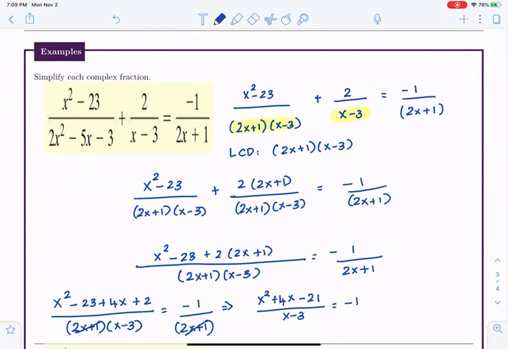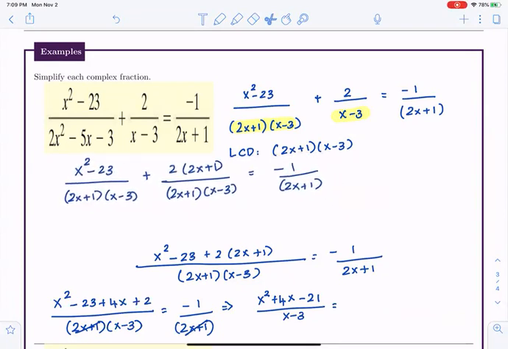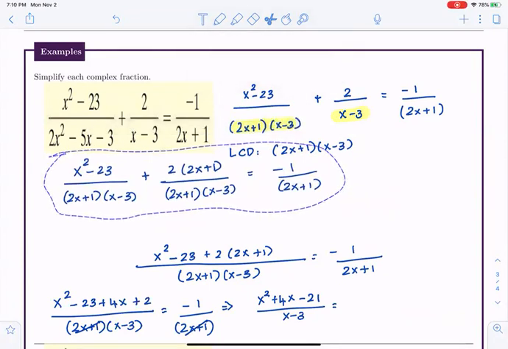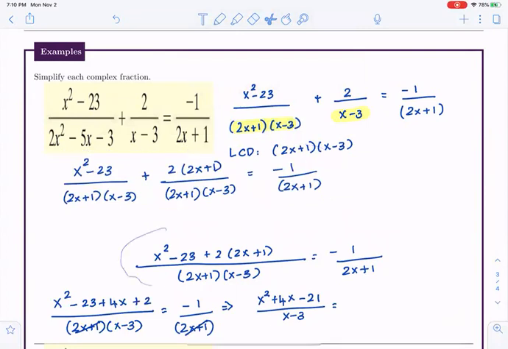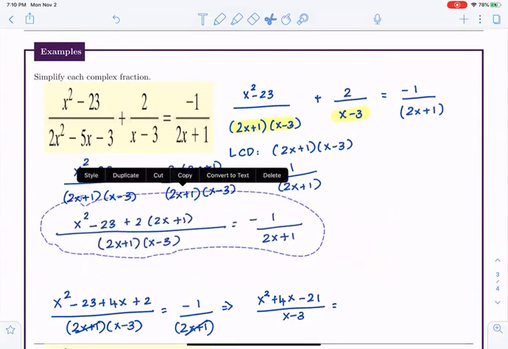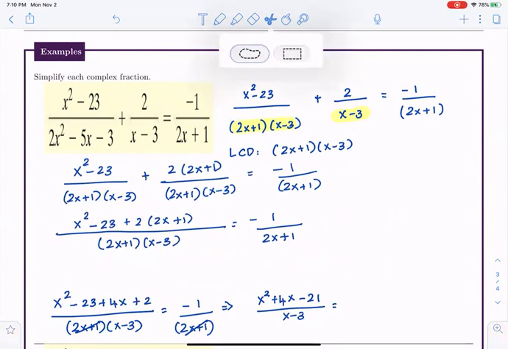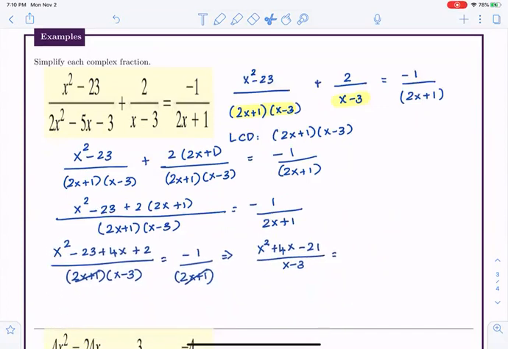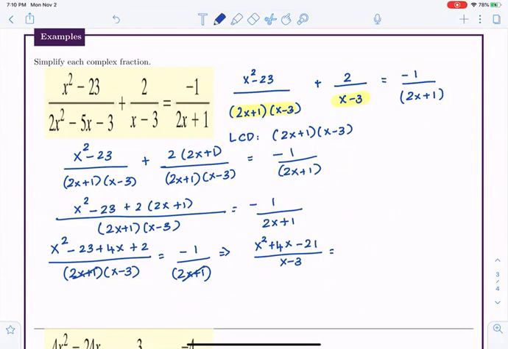So I am going to multiply by x minus 3 on both sides.